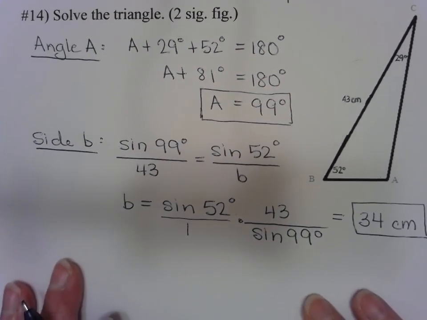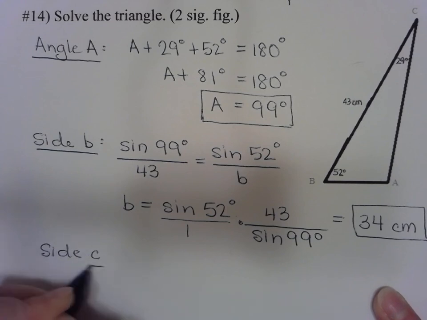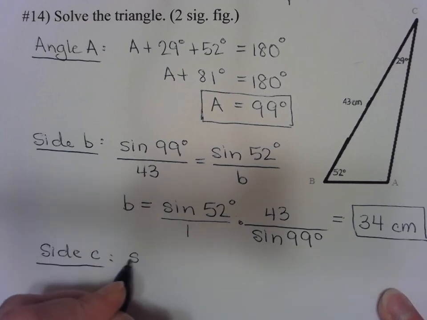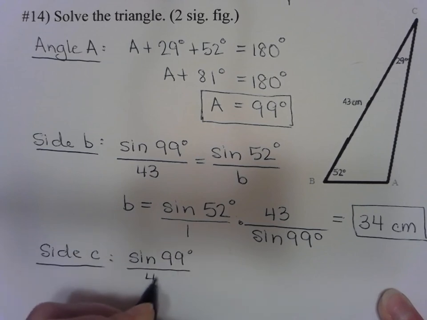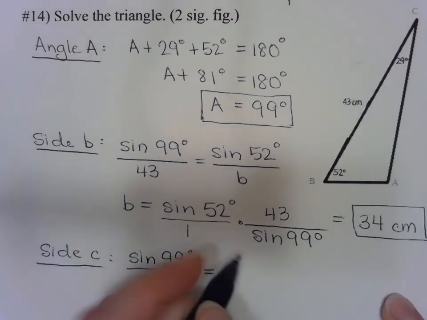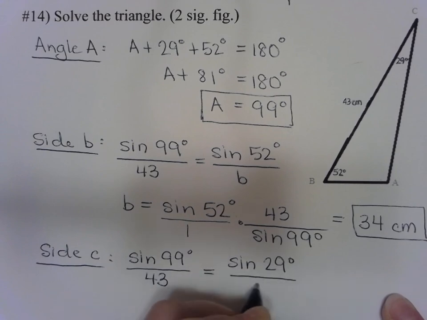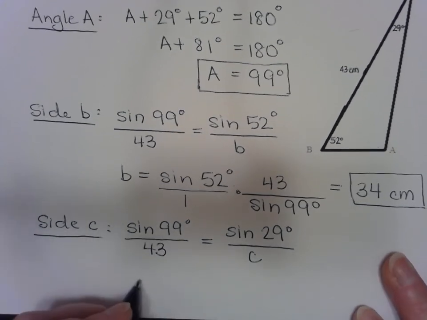All right, the last side is side C. So let's do the same thing for that. I'm just going to keep this same fraction. So we'll have the sine of 99 is equal to, now I'm going to use angle C, so the sine of 29 degrees over C. The math is really the same, so I'm going to multiply this C over to the other side.